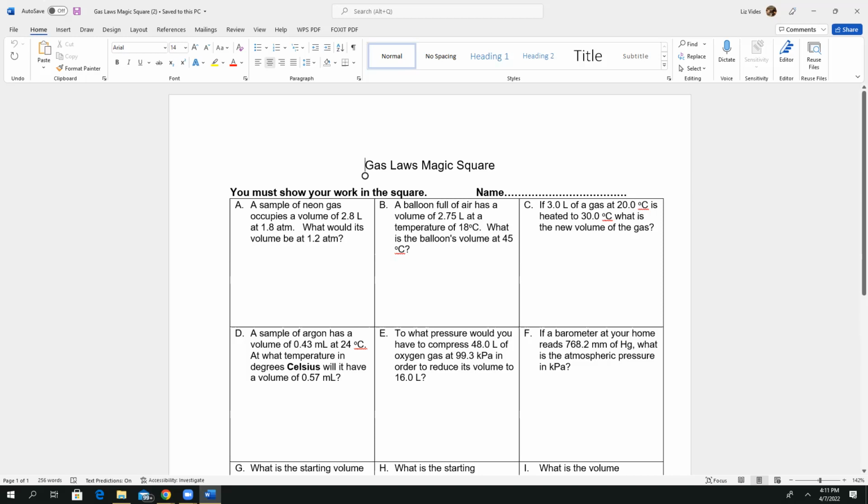P1 is 99.3 kilopascals. In the second volume, it's going to be 16.